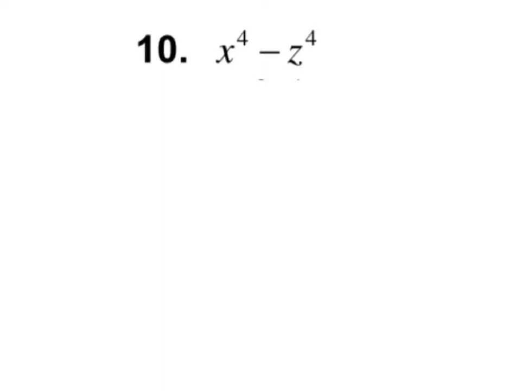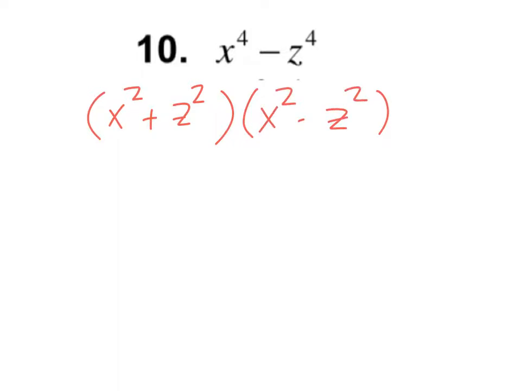Okay, so I got 2 terms. There is no GCF. Okay, but I notice they're being subtracted and they both are even powers. So I have the difference of perfect squares. So this factors to be x squared plus z squared times x squared minus z squared.